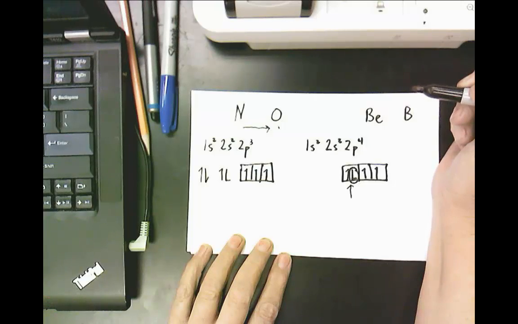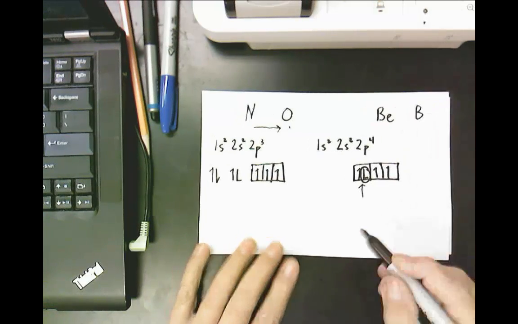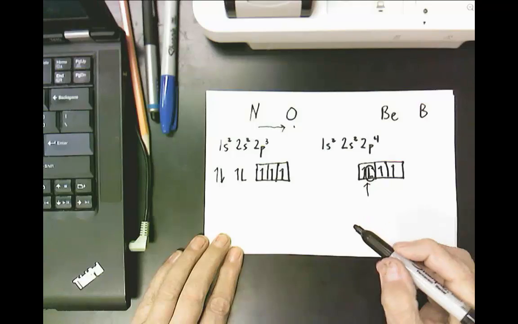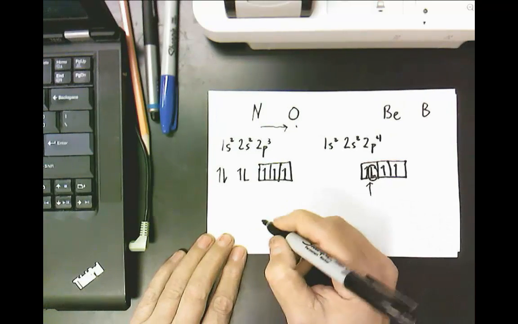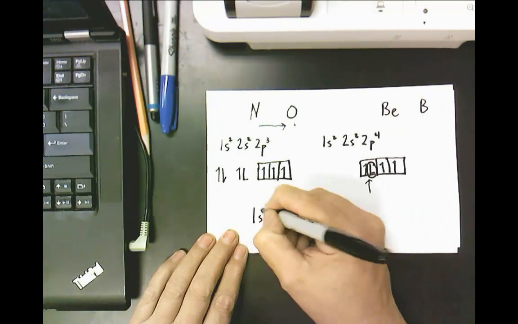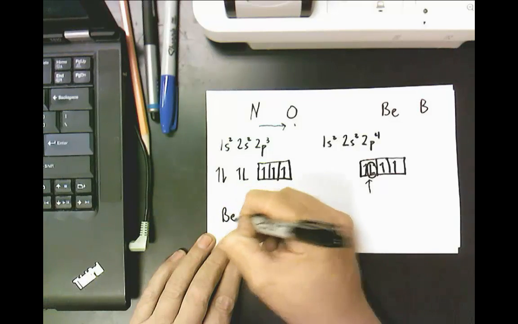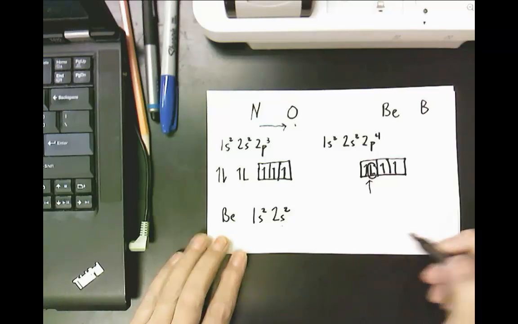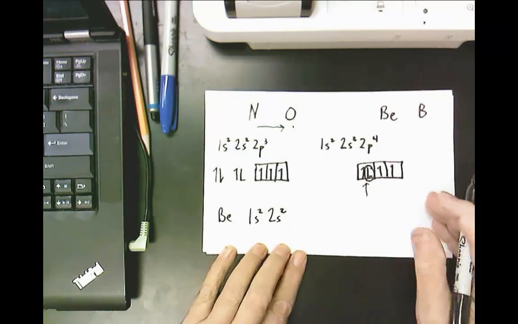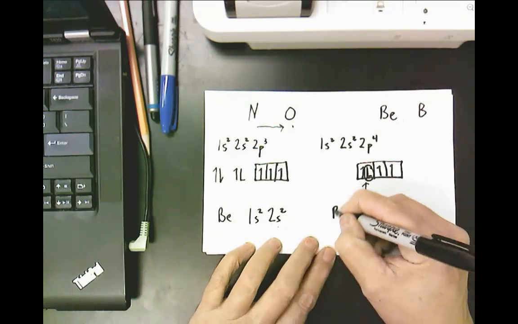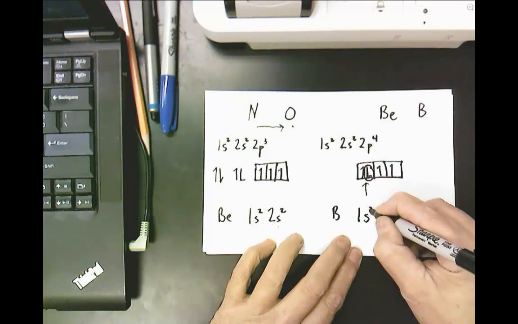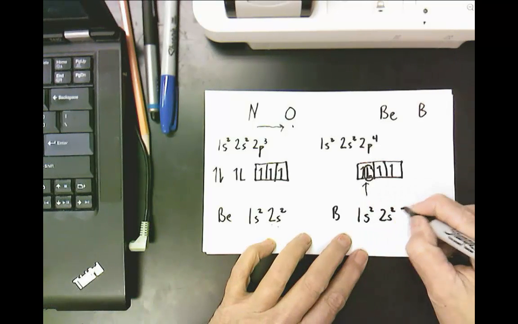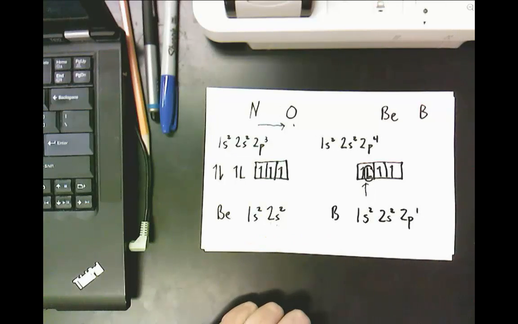Now if we look at beryllium and boron, beryllium has 4 electrons, 1s2, 2s2, a full orbital. Not a full energy level, but a full orbital. And then we hit boron, 1s2, 2s2, 2p1.